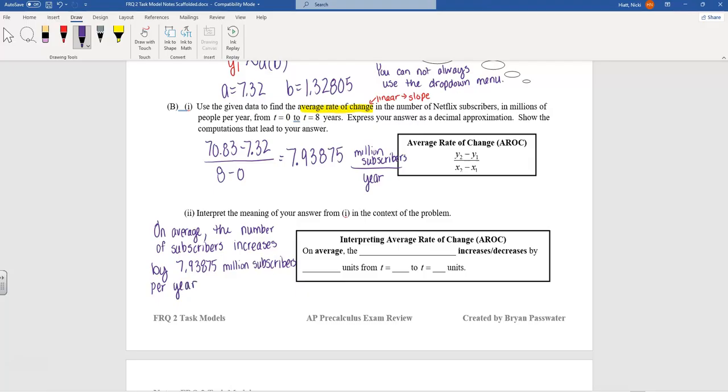And then here's what a lot of you guys were leaving off on these types of problems. You have to tell the time frame for it. I would say we were doing t equals 0 to t equals 8, but what real years was that? 2007 to 2015. If you say from t equals 0 to t equals 8, they might forgive it, but we want this in context of the real world, so it's best to go with the real years on this.